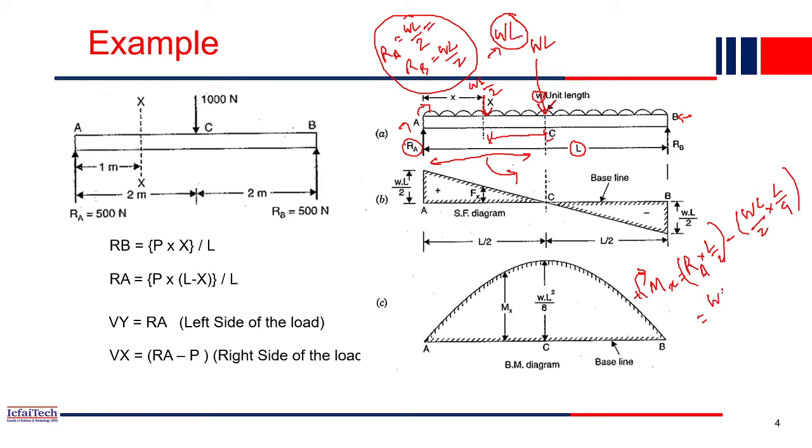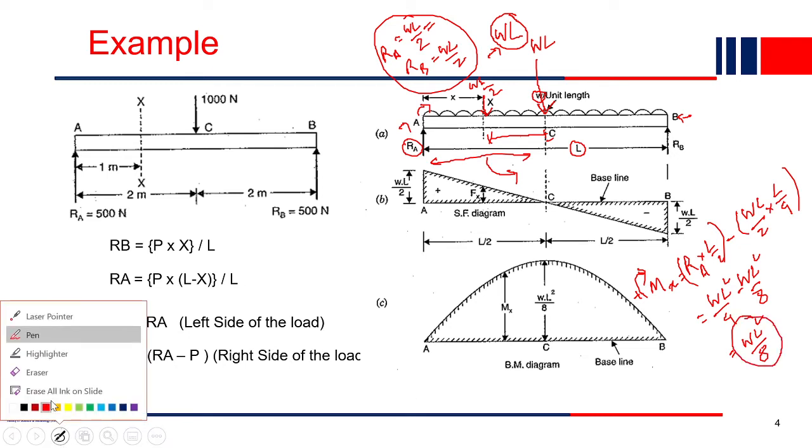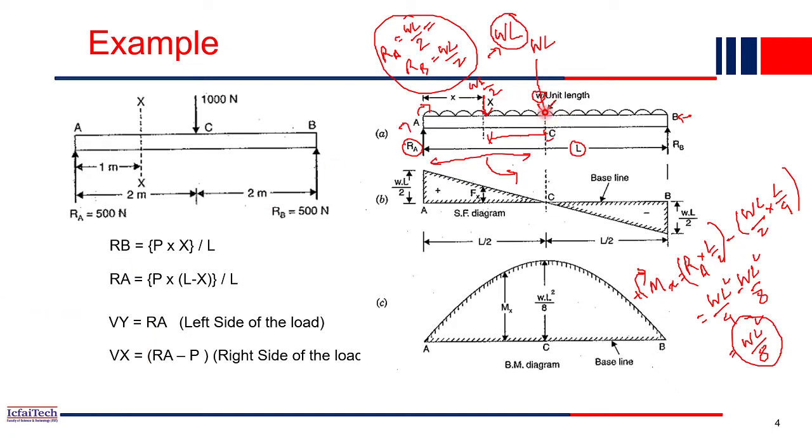So WL square by 4 minus WL square by 8. If you simplify it, you get WL square by 8. That is the bending moment at the center of the beam, at C.